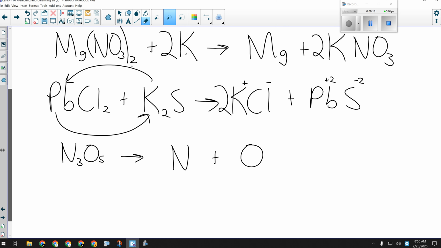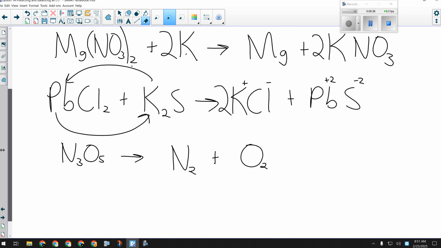It wouldn't have been hard for us to all figure out that, yeah, nitrogen and oxygen are going to be separated on the product side. What trips people up is they forget, oh right, that's a special element, and so is that, because that changes how you would balance it in the end. Right now it's not balanced. Biggest number is 5.